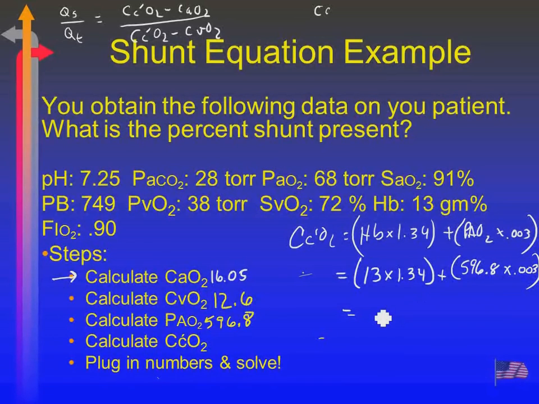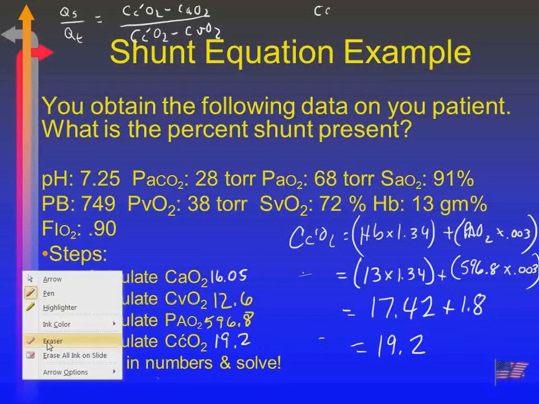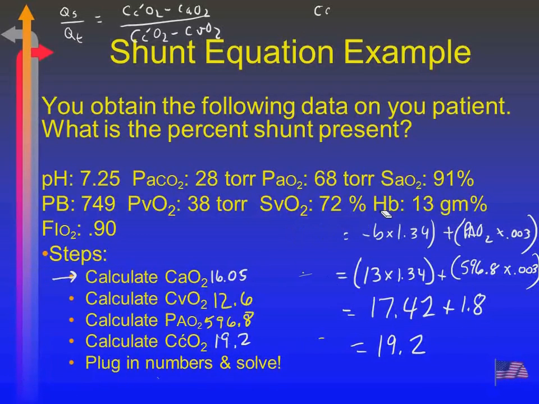What's the first part there? 17.43. And the second part? 1.8. 19.2. Is that right? 19.2. That was an easy step. We're almost done.